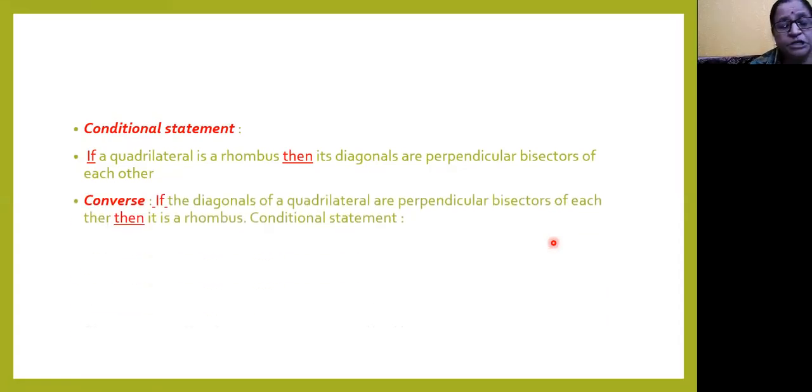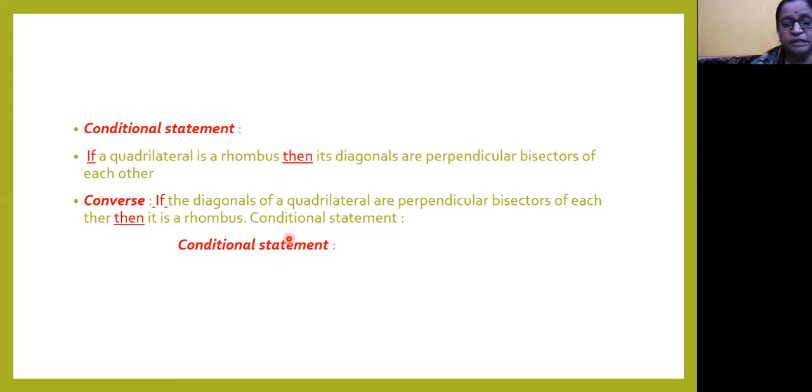The conversion is: if the diagonals of a quadrilateral are perpendicular bisectors of each other, then it is a rhombus.